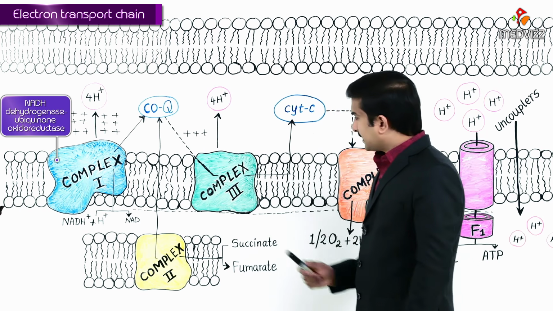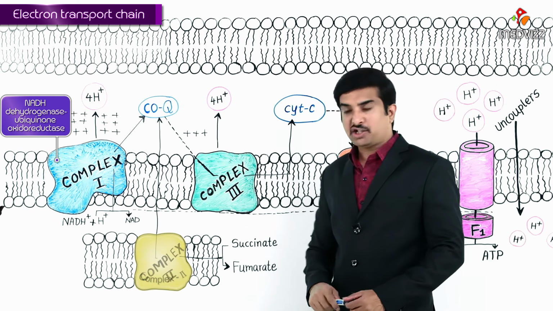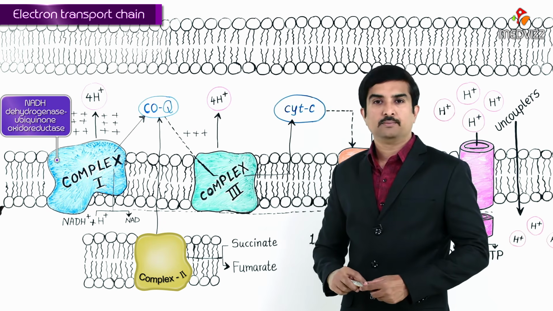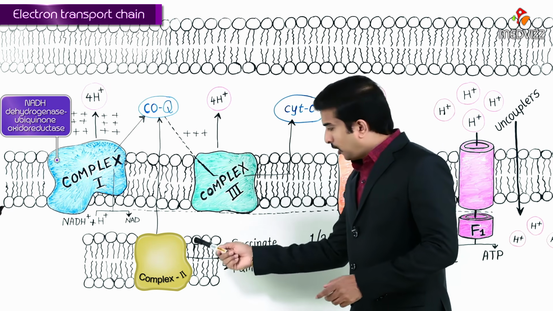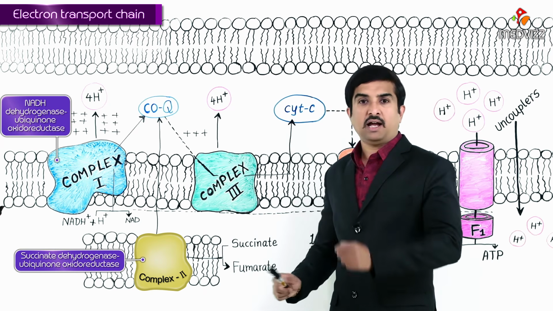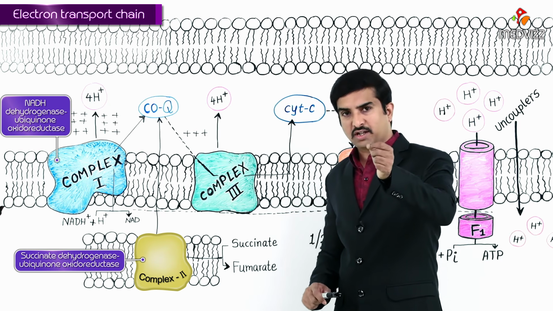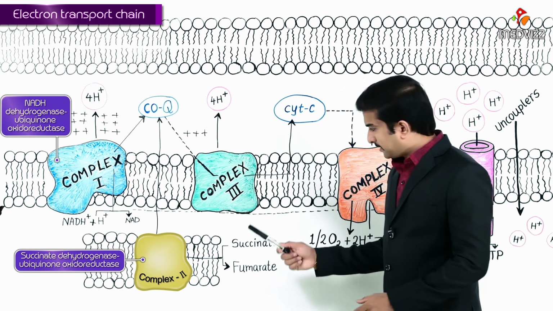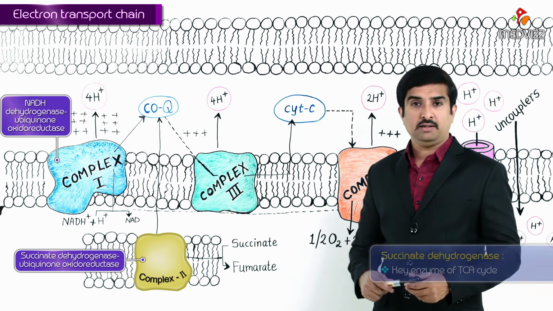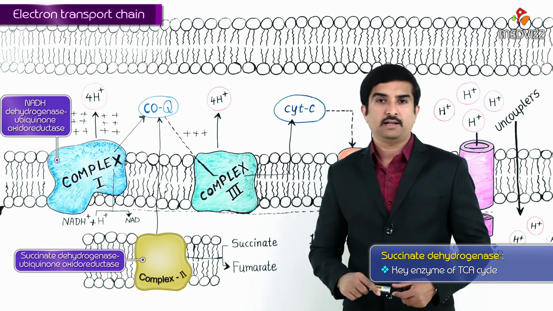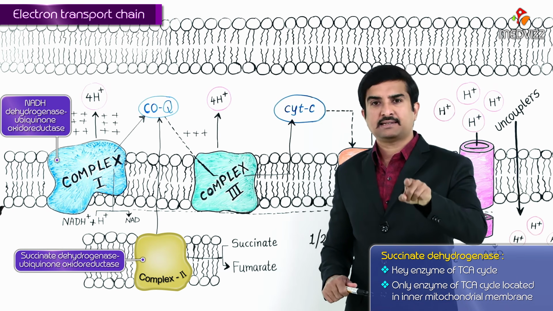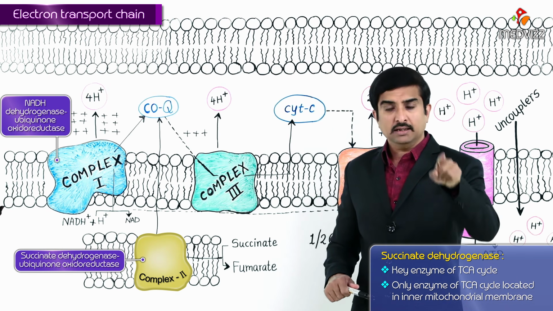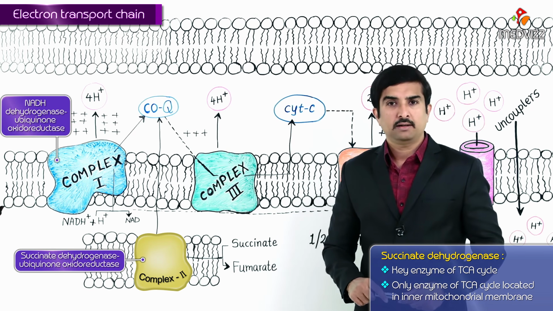So before discussing complex 3, let us talk about complex 2, then we move on to complex 3 now. So what is complex 2 here? Complex 2 is called succinate dehydrogenase ubiquinone oxidoreductase, and the succinate dehydrogenase enzyme is an enzyme of the TCA cycle, and it is the only enzyme of the TCA cycle which is located in the inner mitochondrial membrane.